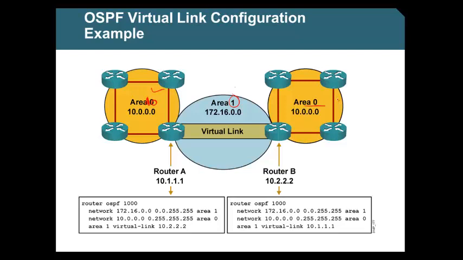Now, how do you connect this area 10 to backbone? So we put one virtual link so that we can form neighborship with area 0 so that area 10 can give the routes to area 0 and area 0 will give the routes to area 1, area 2, etc. This is the widely seen use case.